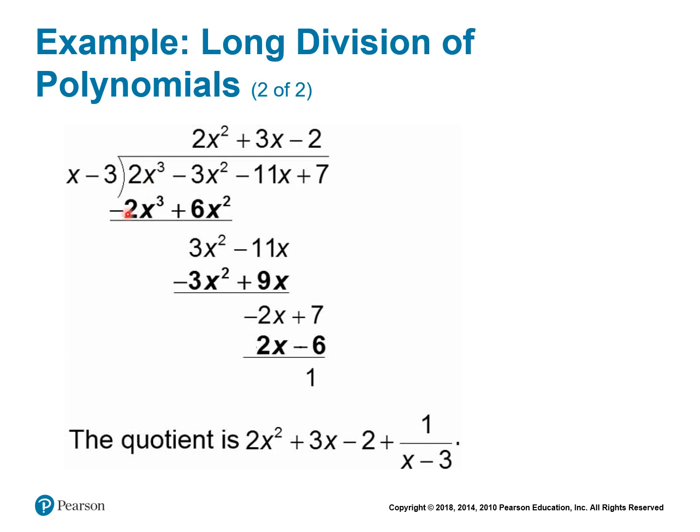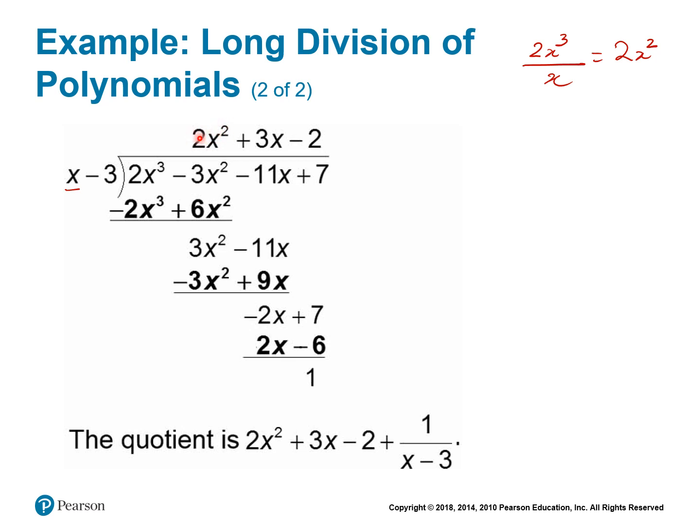Just take 2x cubed, and I'm doing that work on the side, divided by the first term of the divisor, which is x. When we do the division, it's going to be 2x squared, and that 2x squared is going to be the first term in our quotient.